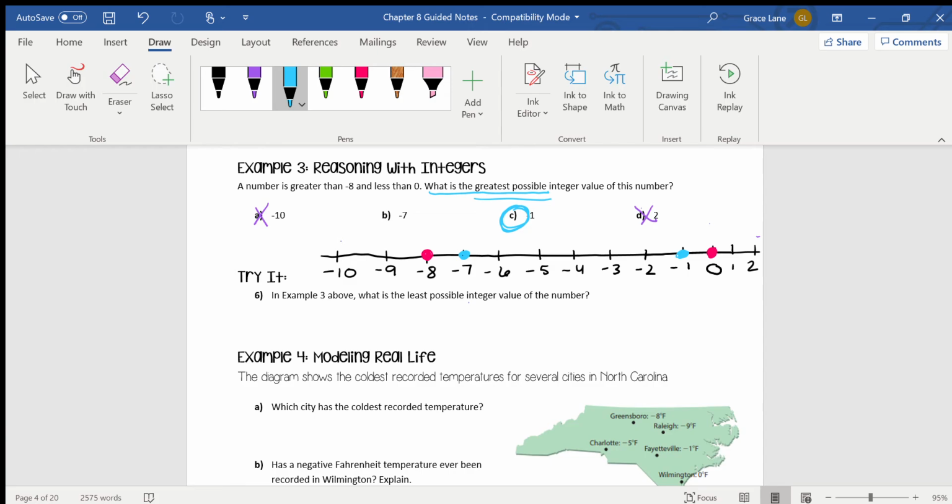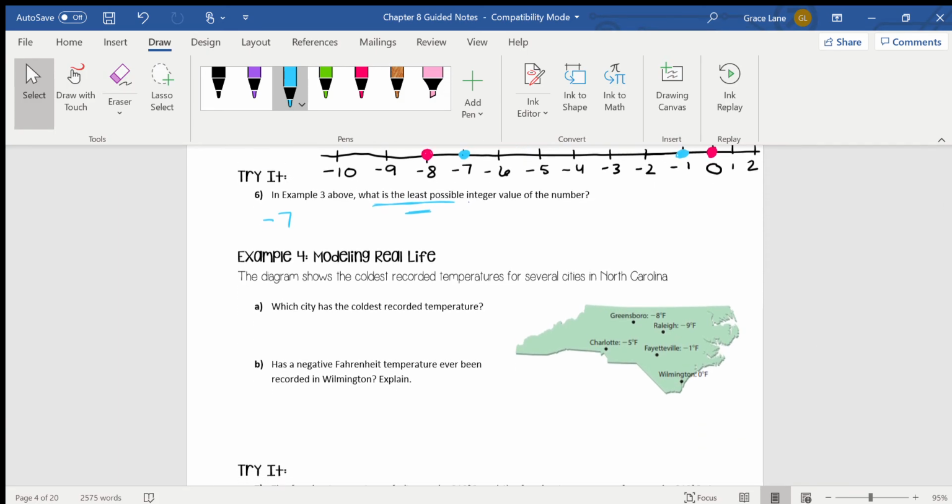Then if you look at B and C, -7 and -1, but now I'm asking what is the least possible integer? -7 is less than -1 because it is farther to the left on the number line.